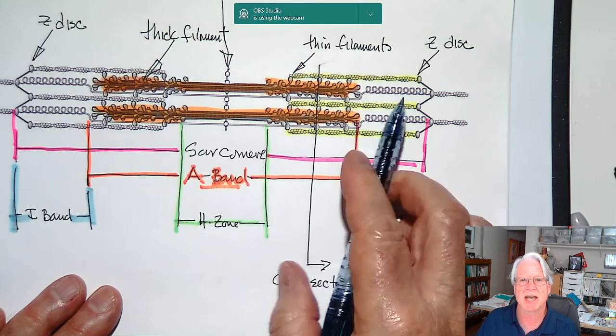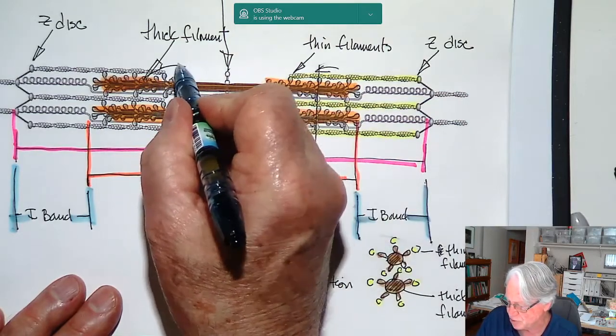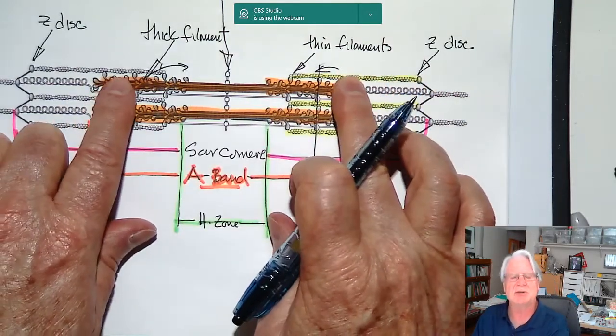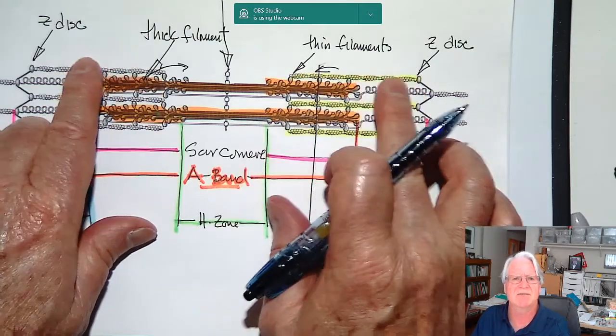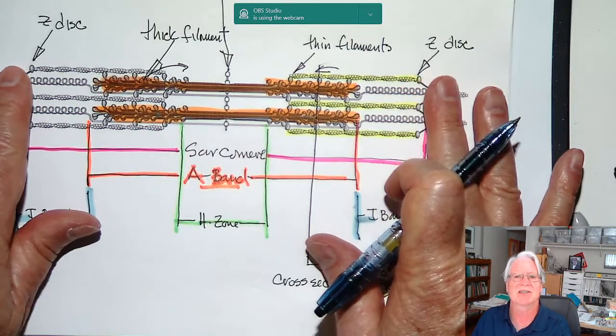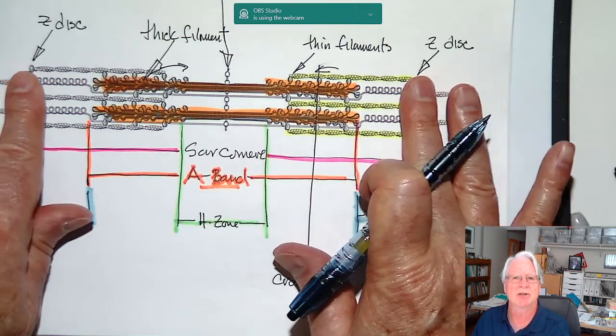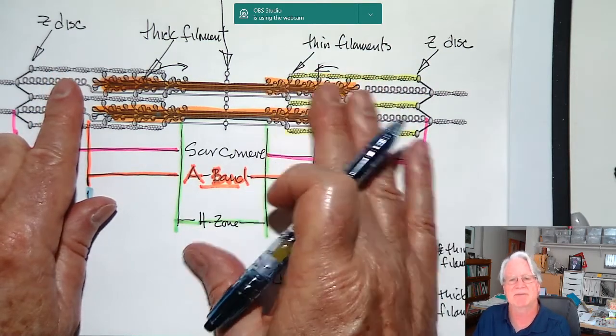And then all these heads are going to swivel in this direction when we get the power stroke. And because they're attached to the thin filament, they're going to drag the thin filament towards the M line. So this Z disc and this Z disc will collapse in towards the center as these heads are swiveling back and forth.